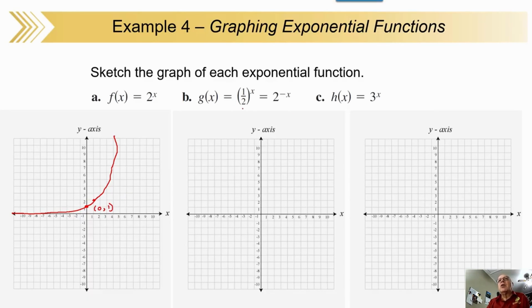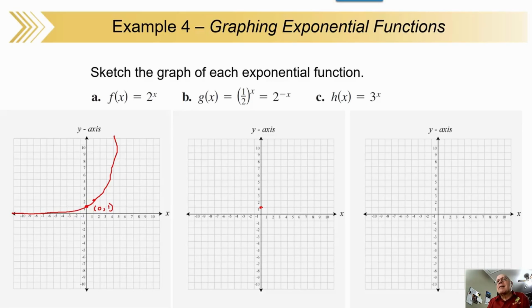For the second one, we've got a base of 1/2. You can write it as 2 to the minus x if you want to. You still have the 0, 1. What does change, though, is that if this is a negative exponent, it's going to switch this, like it went through a mirror.